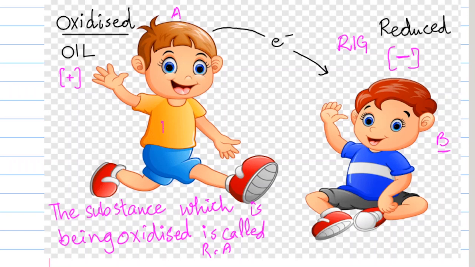So we say that A is the reducing agent because it is oxidized itself, but it is reducing others.